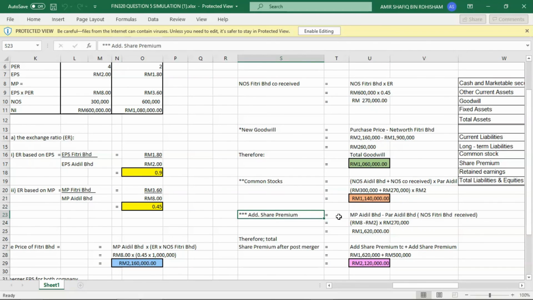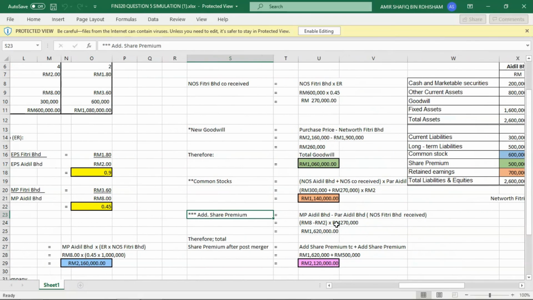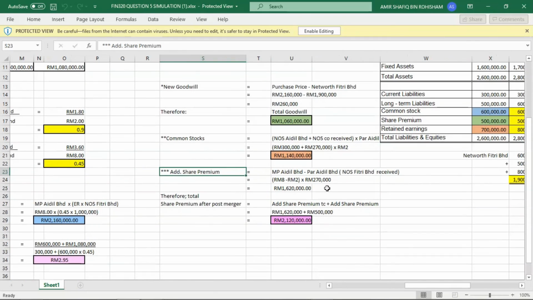Now for the share premium, MP Aidil Berhad minus par Aidil Berhad, times NOS Fitri Berhad received, which is 8 ringgit minus 2 ringgit times 270,000, the number of shares received.